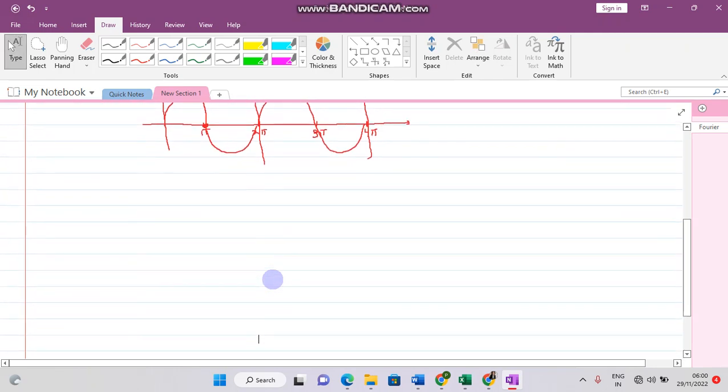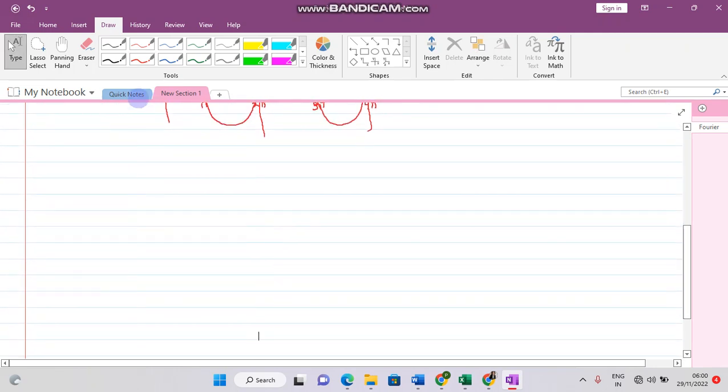So various periodic functions are sin x, cos x, tan x, cot x, secant x, and cosecant x. But mainly we need these two functions.